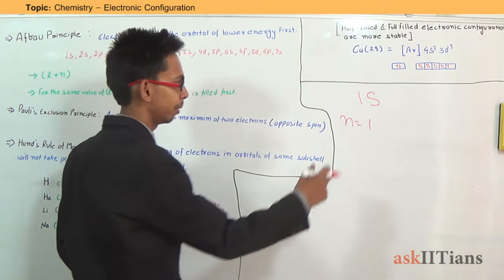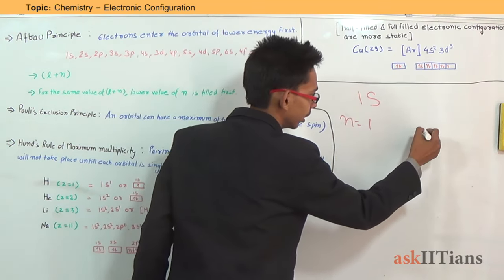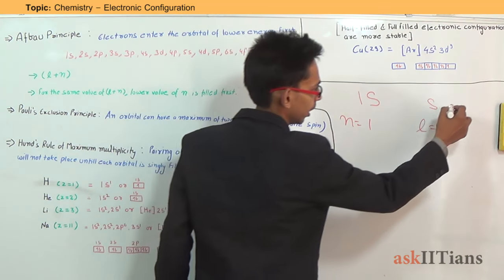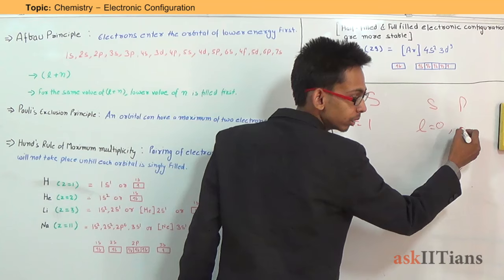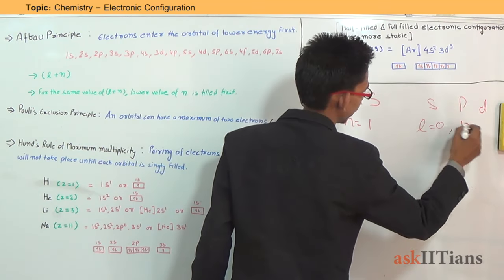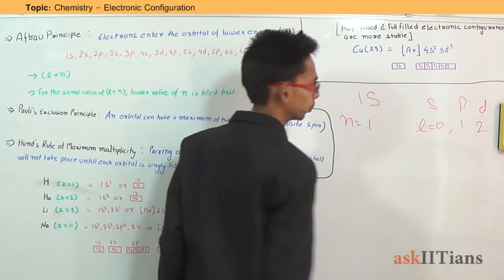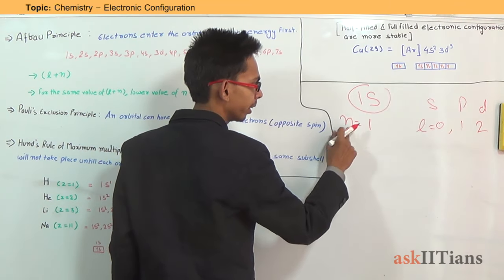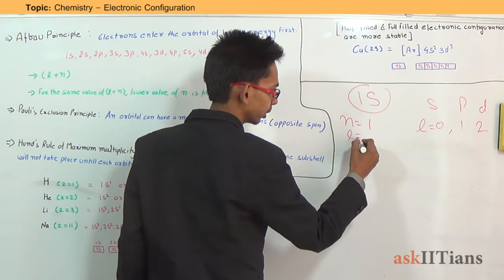And what is l? l means this one, s. s stands for l equal to 0, p stands for l equal to 1, d stands for l equal to 2. So for the 1s orbital, n is equal to 1 and l is equal to 0.